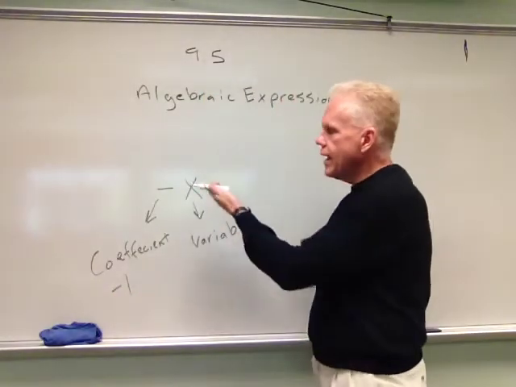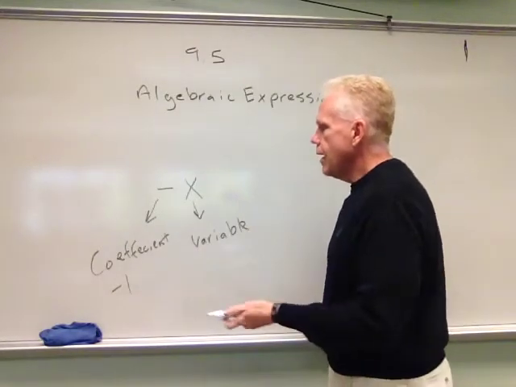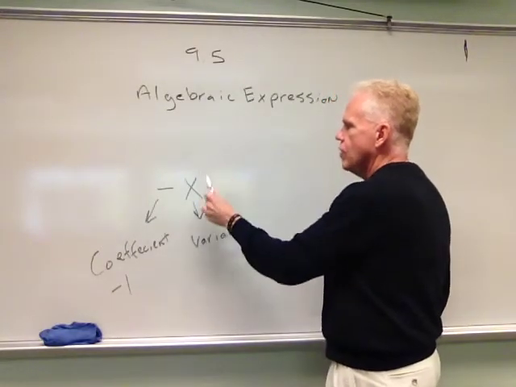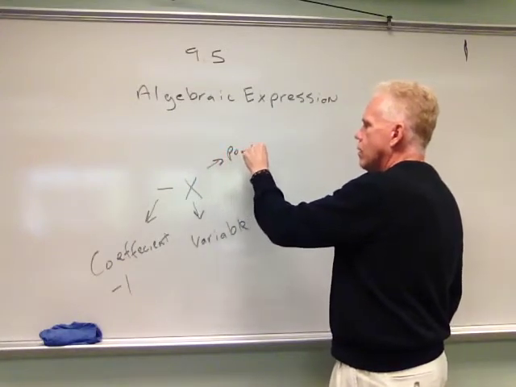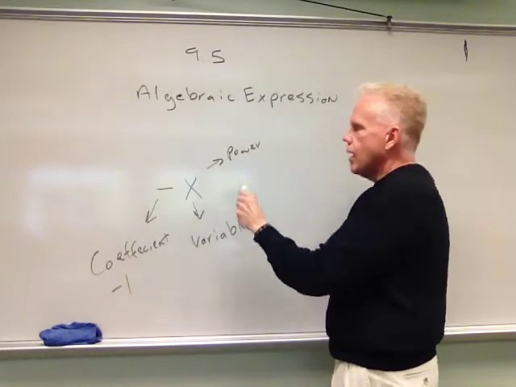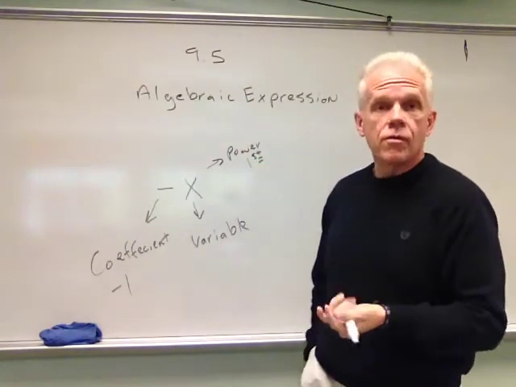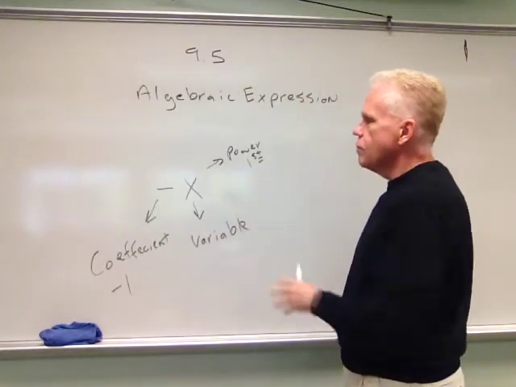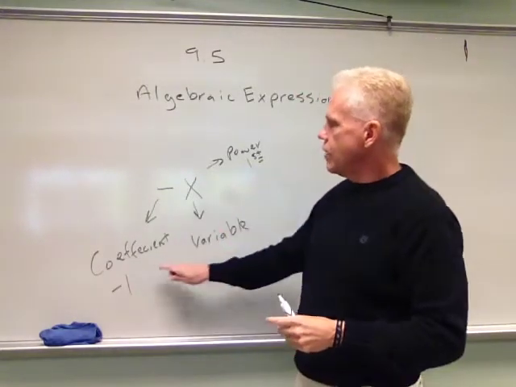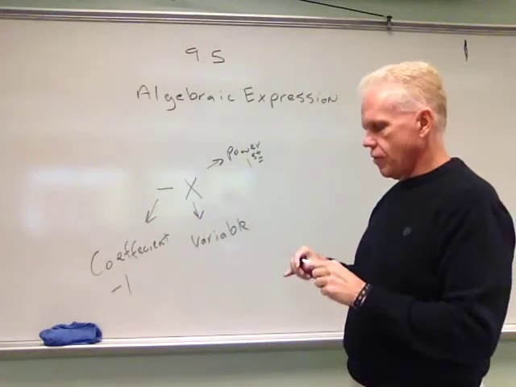It's understood. The negative sign in front of the x means it's really a negative 1. And then of course it doesn't have a power listed, so the power is not listed. It would just be known as the first power. If it's only raised to the first power, we don't actually list the power. So just a negative x is an algebraic expression with a variable of x, a coefficient of a negative sign or a -1, and the power is the first power.